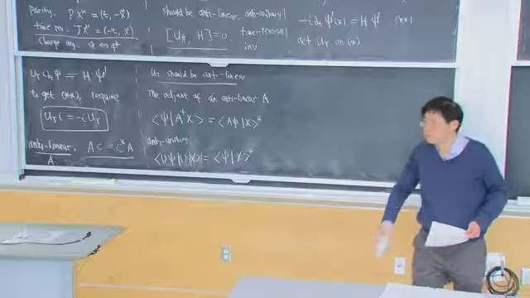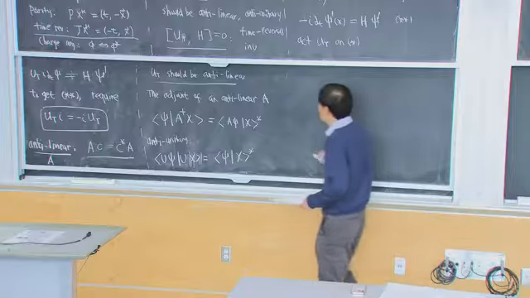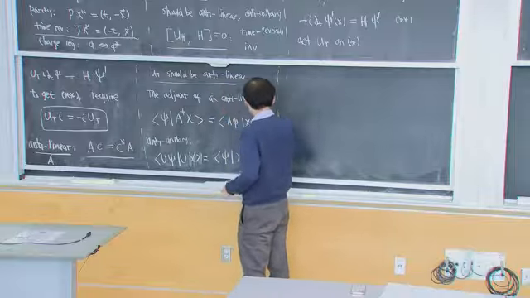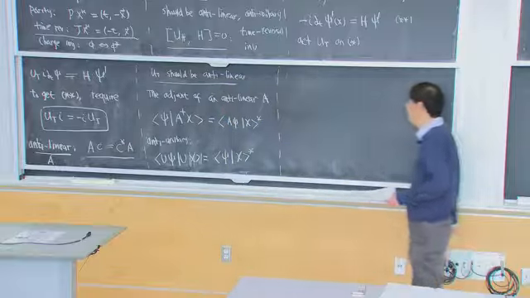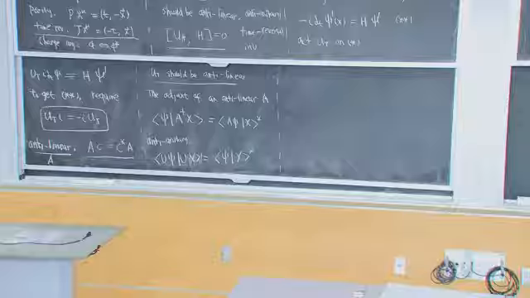So the claim is that UT, the time reversal operator, should be an anti-unitary operator in order to be a symmetry. So this is just a brief review of time reversal in quantum mechanics.